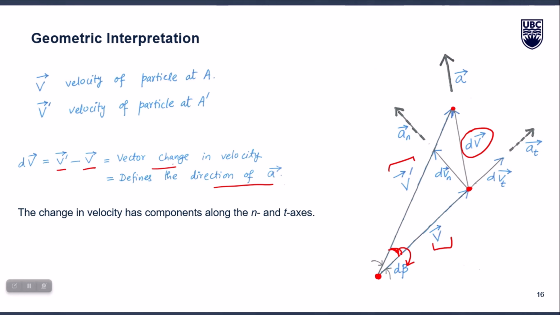We know that the direction of acceleration is always in the direction of velocity change, right? So this dv is the change in velocity vector starting from the tip of v vector and ending at the tip of v prime vector. Now we know that velocity at a given time instant is in the tangent direction. So this is our t direction and the perpendicular to that is our n direction, right?